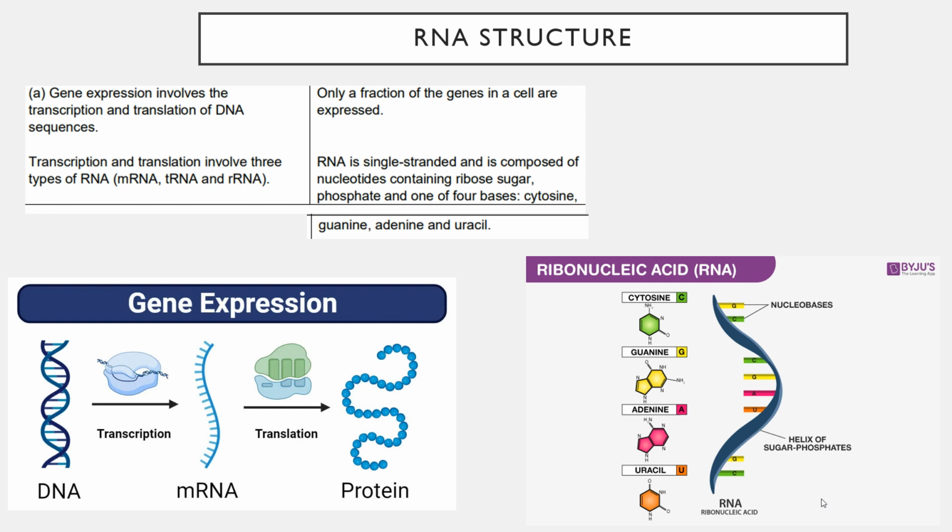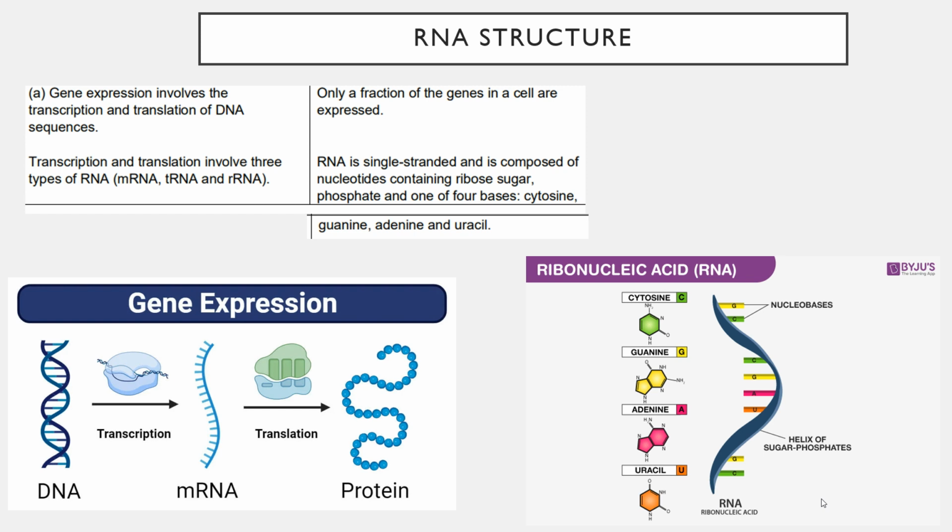In terms of RNA structure, all three types are nucleic acids, which means they will have some features in common with the DNA molecule that we already discussed in the DNA structure video. Because they're nucleic acids, they're made up of nucleotides: the base, the sugar, and the phosphate group.